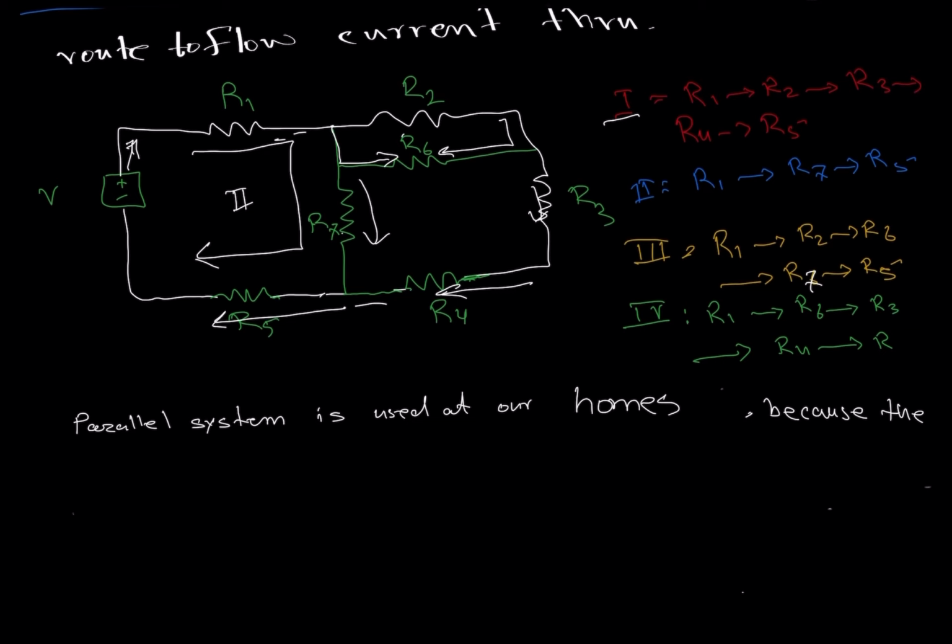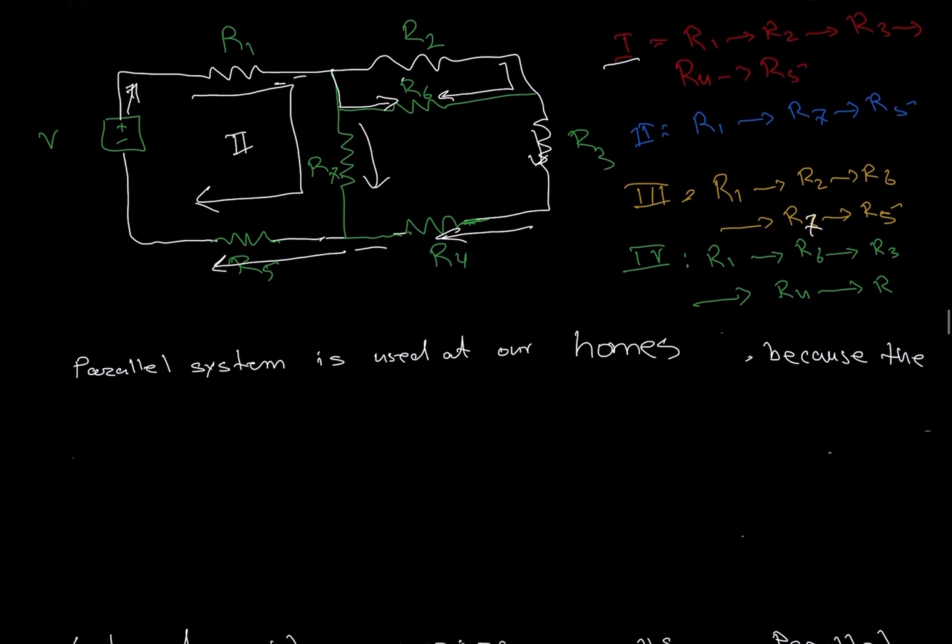So we will have various ways for the current to flow, and that's how we say it's a parallel circuit, because it has parallel ways to go and complete that circuit. So where are we using these parallel circuits? Why is that so important?